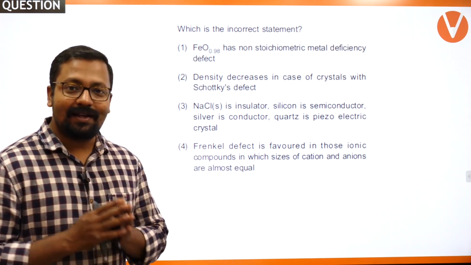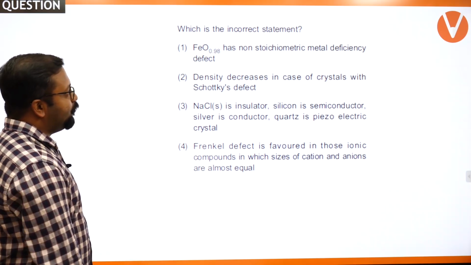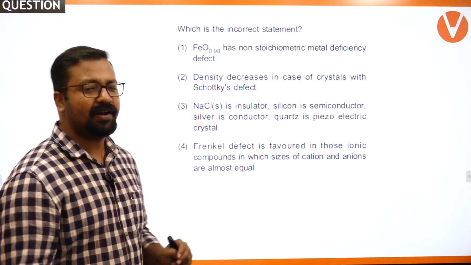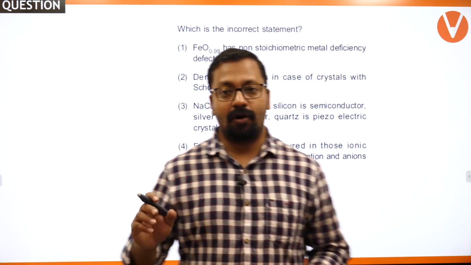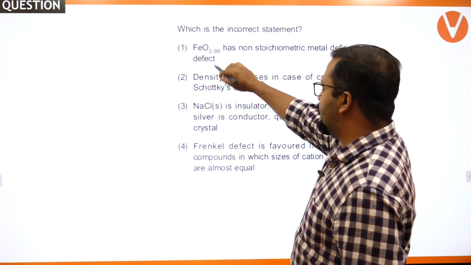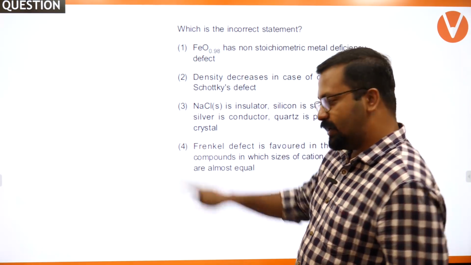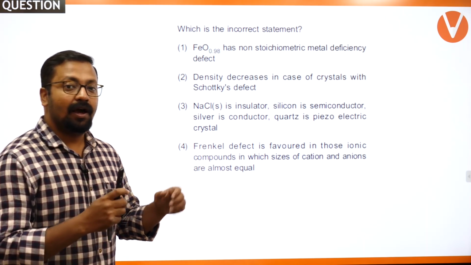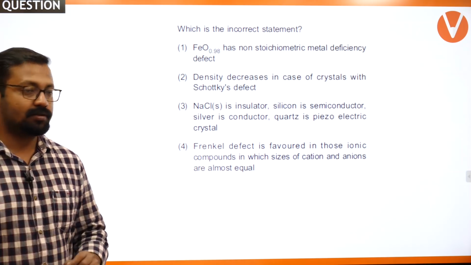Which is the incorrect statement? Fe0.98O has non-stoichiometric metal deficiency defect. It is obviously correct. But FeO.98 is not the right way to represent it. Now the problem with the NEET examination is there has been a sequence of errors.